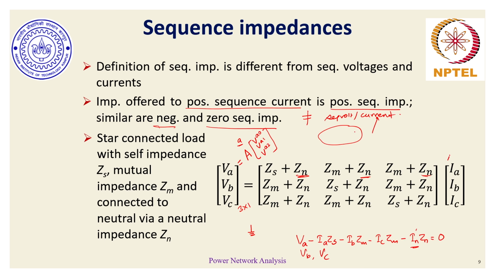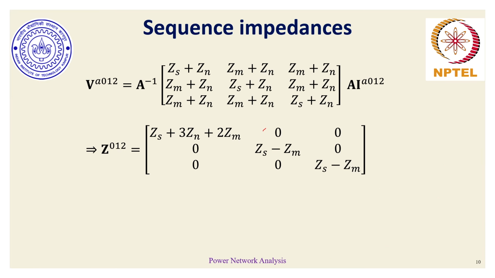And similarly, the IABC currents are capital A, assuming phase A as reference, times IA0, IA1 and IA2. So I can eventually convert these phase quantities into corresponding sequence components and do some mathematical manipulation, where I get this as my corresponding matrix.